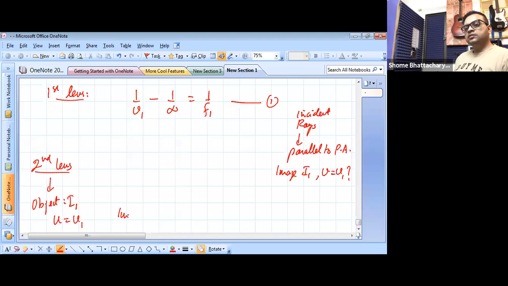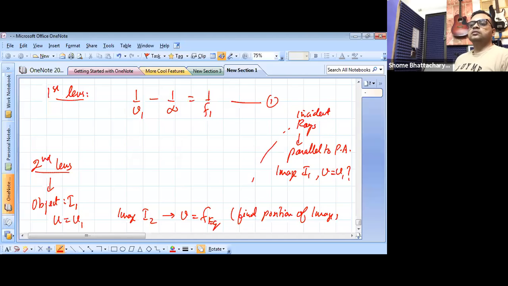And the image I2, that position we will put as equivalent focal length. So that's the final position of image, for incident rays which are coming from infinity. So that is the equivalent focal length. So in place of 1 by V, 1 by F equivalent, minus, in place of 1 by U, 1 by V1, is equal to 1 by F2.